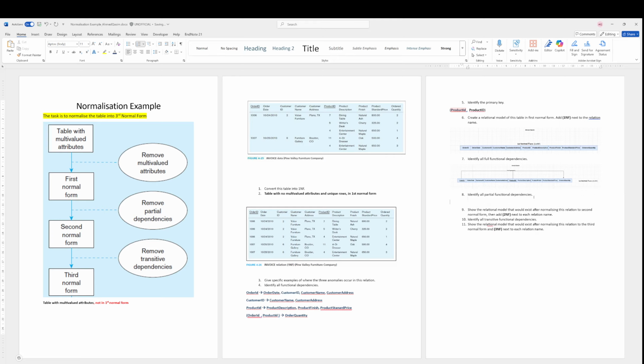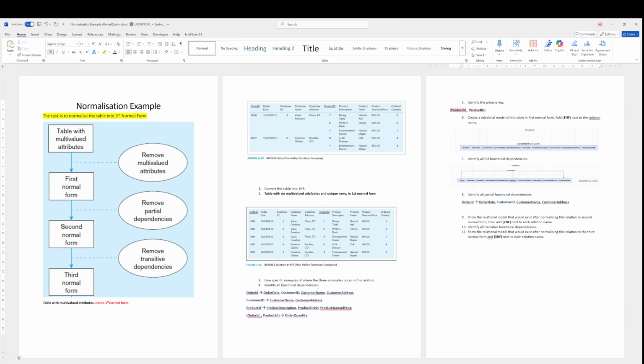I'll explain that for you. So I'll start with the order ID. An order ID is part of the primary key.